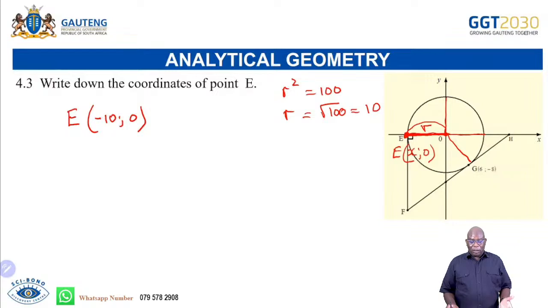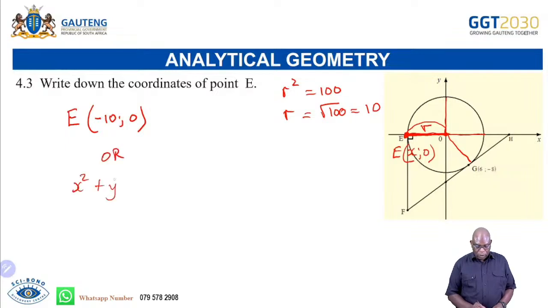Or I can just go and substitute the value for x. I know what the value of y is, so I can just substitute. Take my equation x squared plus y squared equals r squared, which is 100. The x value I don't know, the y value I know it's 0, and then equals 100.